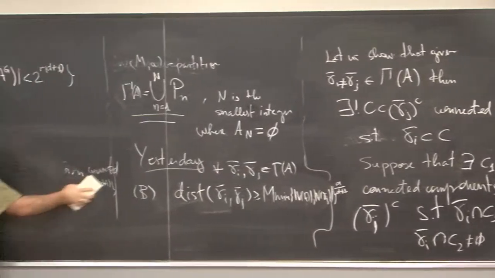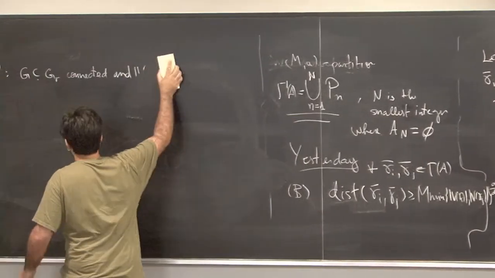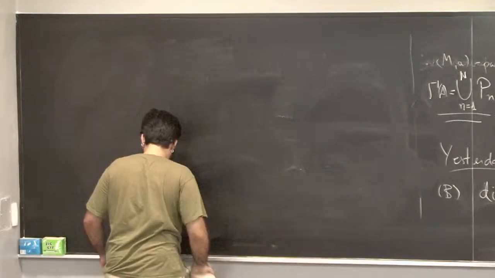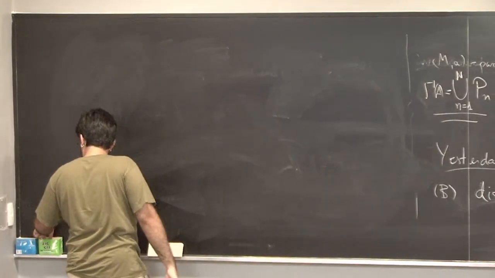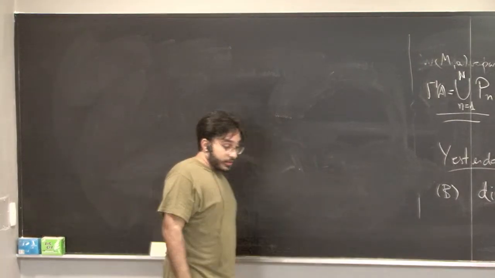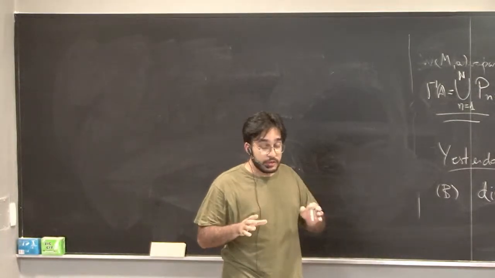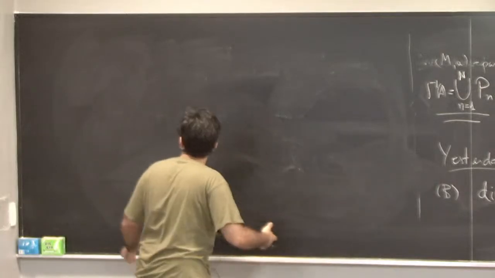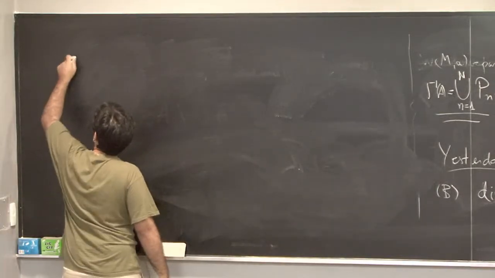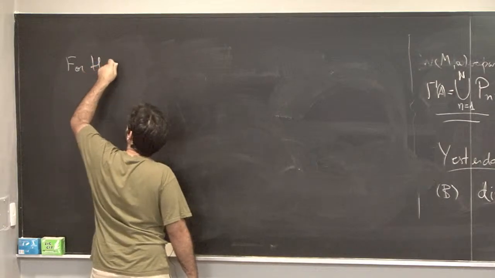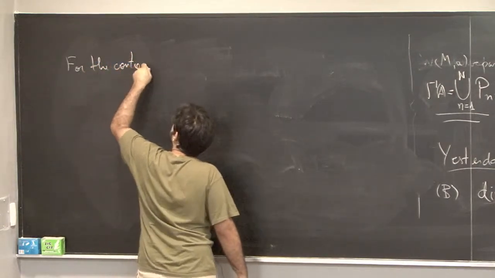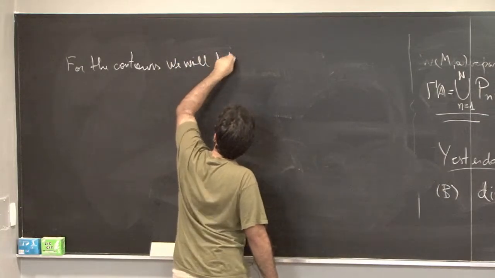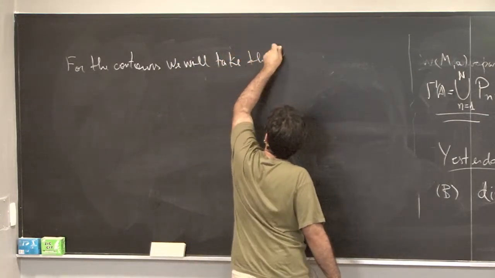And we actually use it in the counting arguments, but it's not the one that we will strictly use in the construction of the contour. We will actually take the finest one. So for the contours, we will take the finest one.